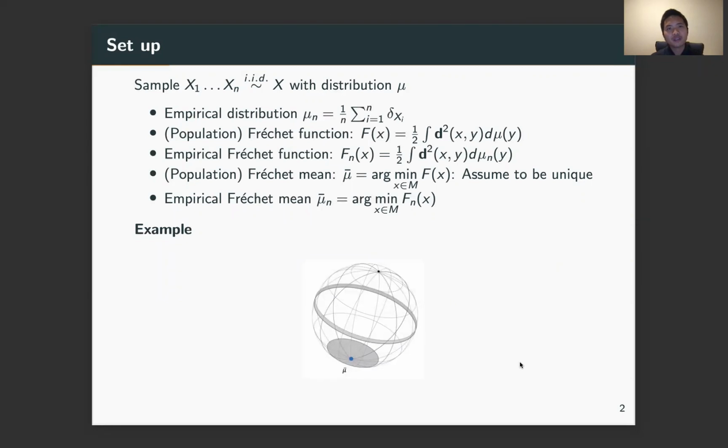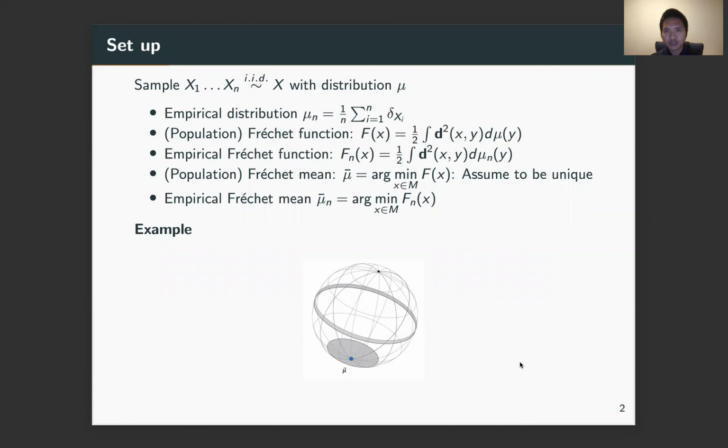After we have our space, we will want to equip it with a probability distribution mu. Then we will have n IID samples, x1 through xn, from mu. Then we can define the empirical distribution mu n. From mu and mu n, we can define Fréchet functions.